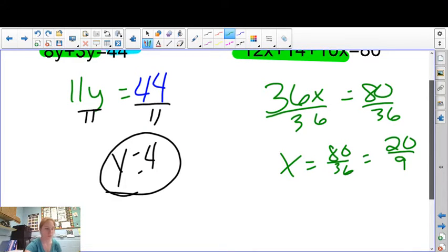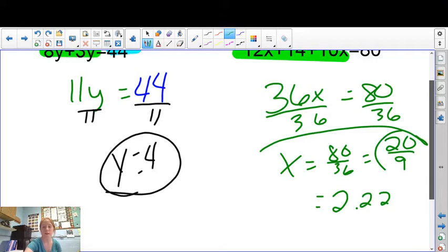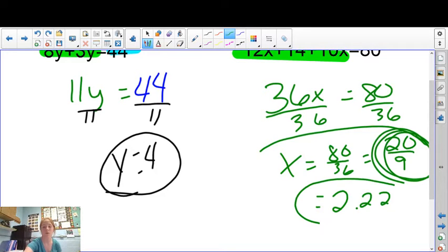And that's as far as those can reduce, or it's also equal to 2.22. I would prefer either this solution or this solution. Don't give me the unreduced form.